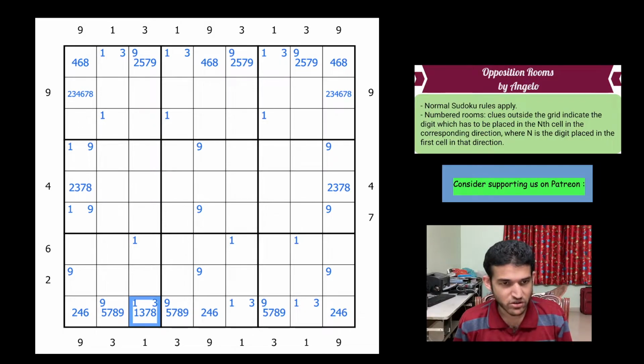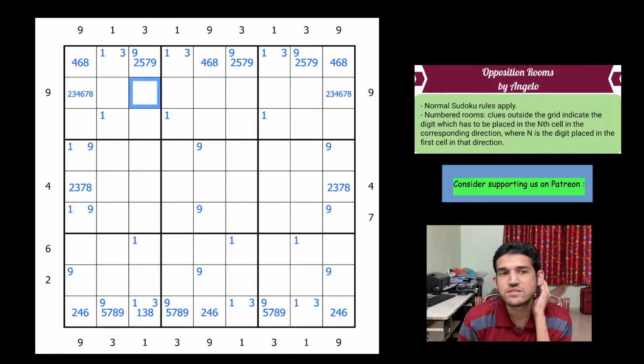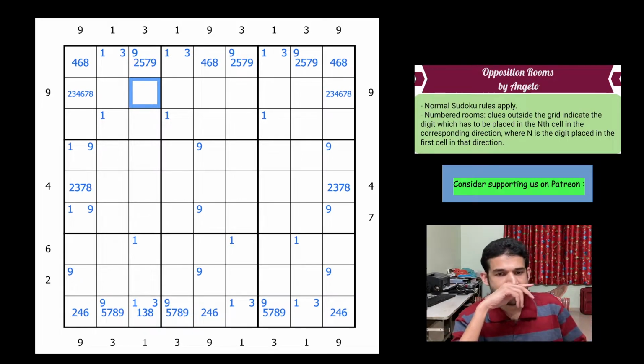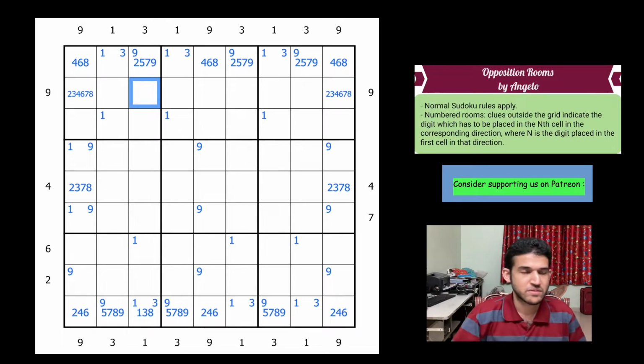So it is 1, 3 or 8. What am I missing here?